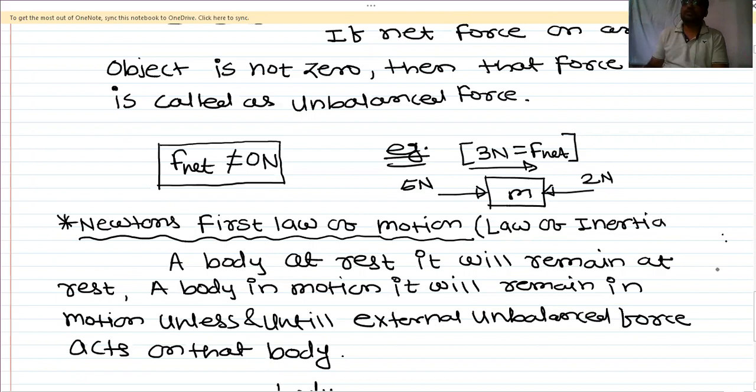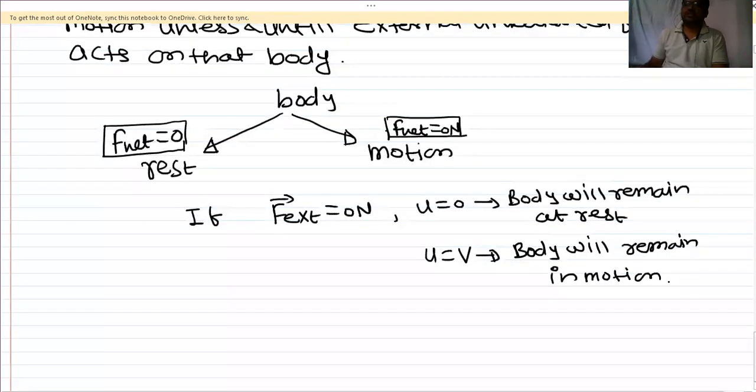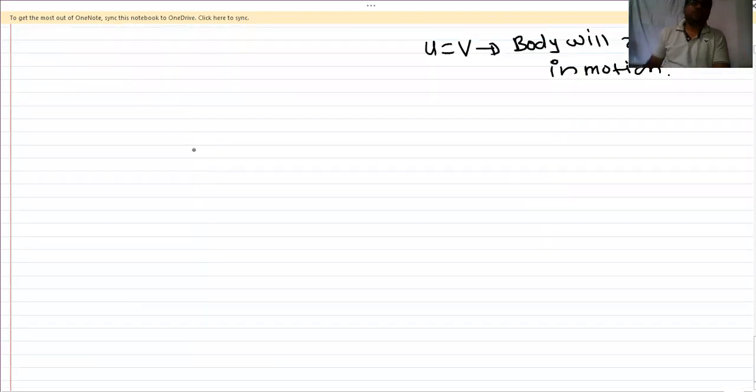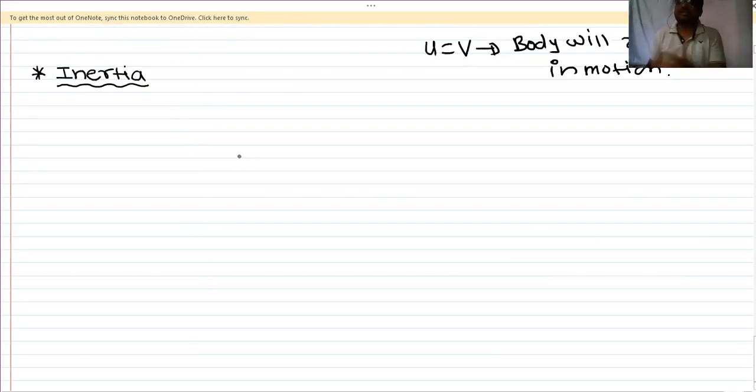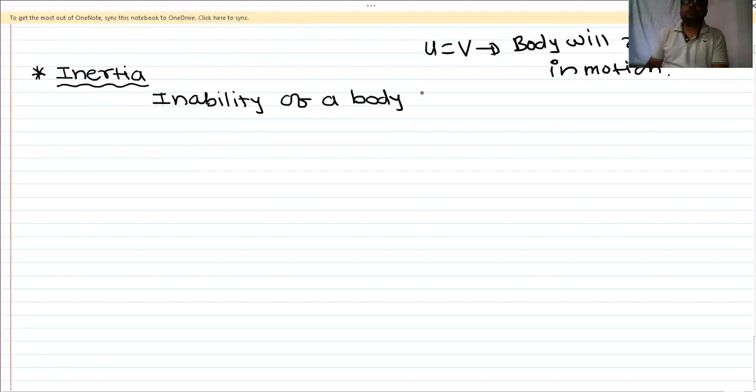Now what is inertia? We'll see. Inertia is nothing but the inability of a body to change its state of rest, state of motion, or direction. So it is the inability of a body to change its state of rest, uniform motion, or direction. I'll give the example, so don't worry.